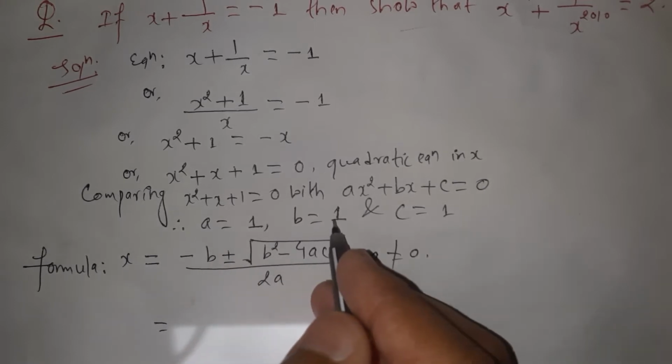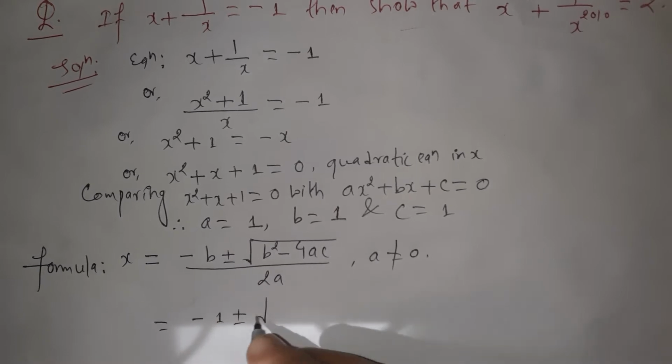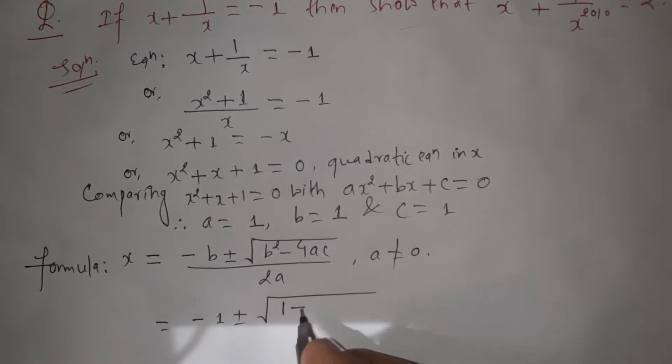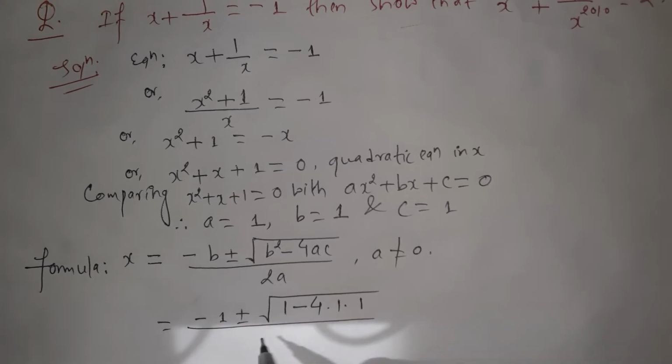Now substituting the values of a, b and c in this formula. The value of b is 1, so -1 plus or minus square root of b square, which is 1, minus 4 times a, which is 1, times c, which is also 1, and it is divided by 2 times a.